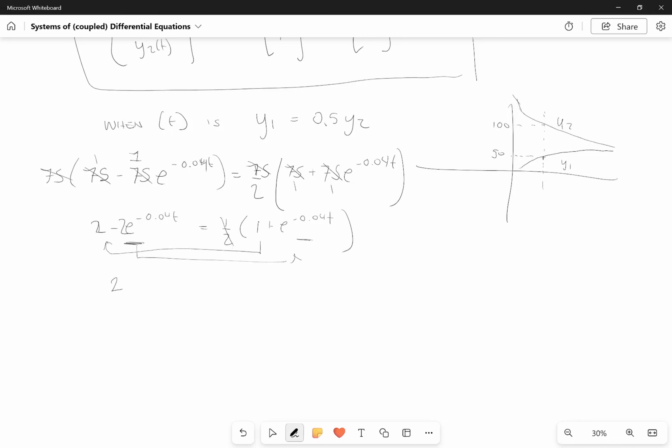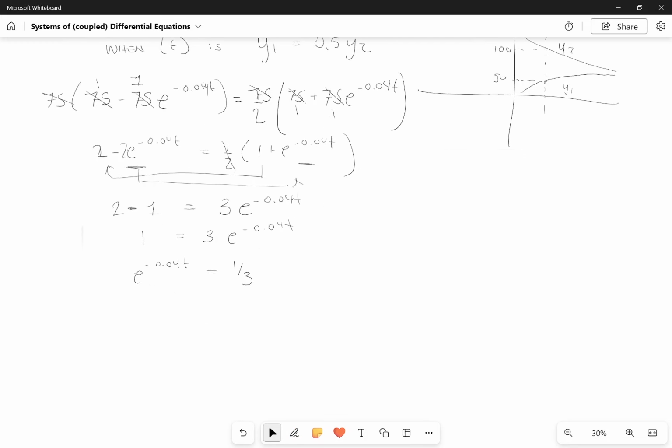So we get 2 minus 1 equals 2 plus 1, so that's going to be 3 e to the negative 0.04t. And so that is 1 equals 3 e to the negative 0.04t. So let me reverse it: e to the negative 0.04t equals 1 over 3.